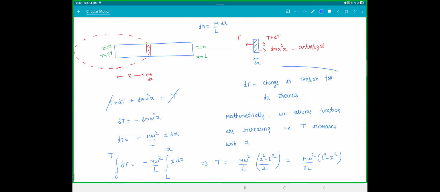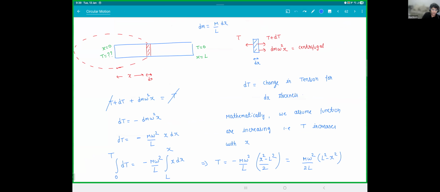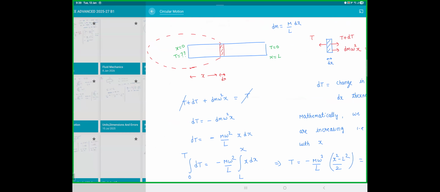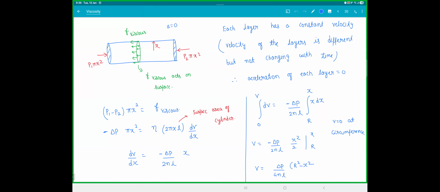Do you remember? Mathematically, we always assume the function is increasing. So here also we'll assume p is increasing. But if p is increasing, then p1 should be greater than p2, right? Yes. No, I was thinking dz is minus dx, so that's why it's minus.